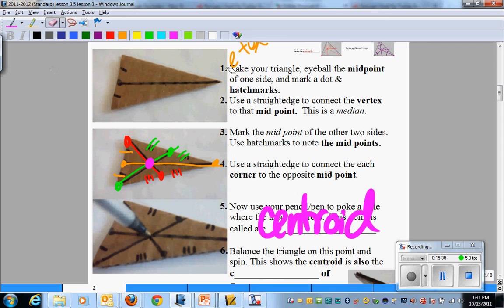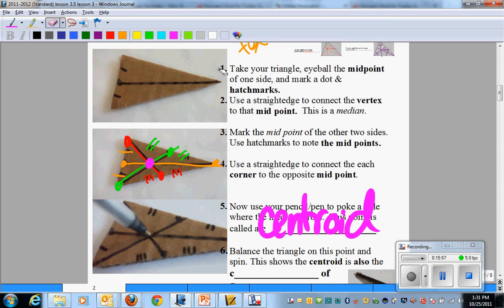All right. Students, on your cardboard triangle, find one side, eyeball what looks like the middle, and put a little dot there. Try to be as accurate as possible. Okay, guys, watch. If you look up here, you won't get lost.